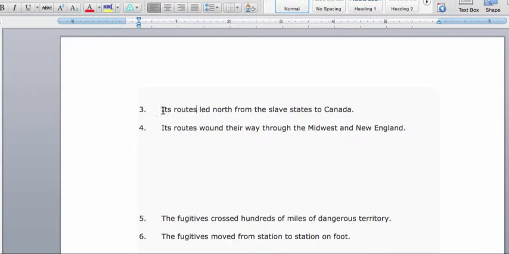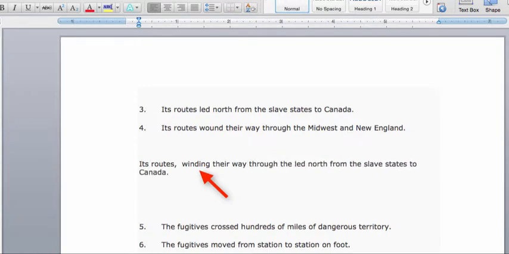And to do that, I'm going to take this sentence. And since this is talking about roots, I have to describe it. And I want to take this part of the sentence. And since that's not an ing or ed word, I'm going to turn it into winding, because wound comes from winding their way through the Midwest and New England.